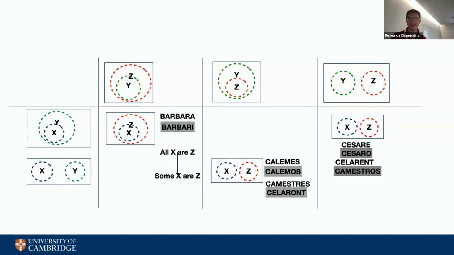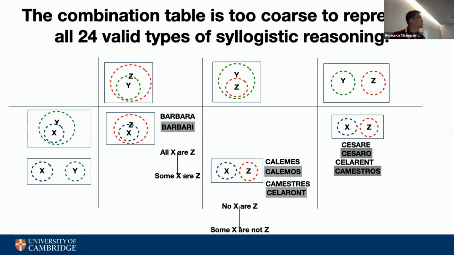There's no rigor of reasoning. The same for "no X are Z", which implies "some X are not Z", the weaker version. So we cannot have training data for all 24 types of valid syllogistic reasoning. It's too coarse for this method.